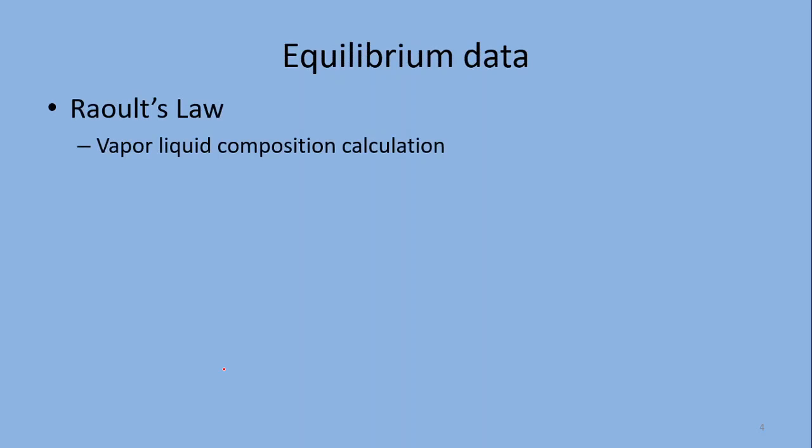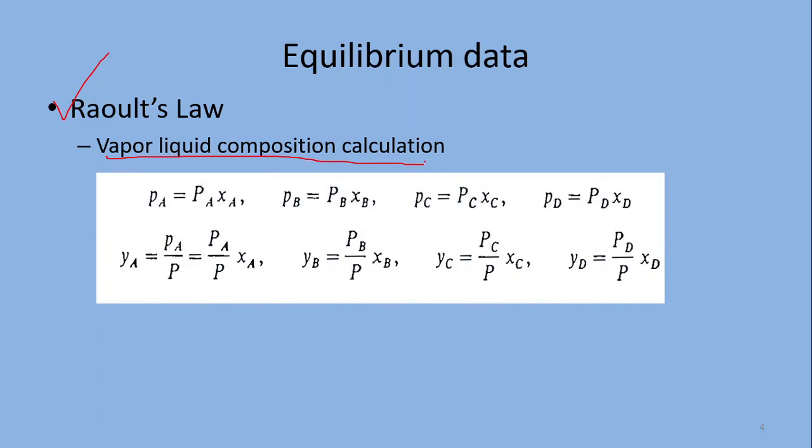So now come to the first one, that is equilibrium data. Normally for the ideal system, we always look to Raoult's law. It defines the equilibrium data. So equilibrium vapor liquid composition can be calculated with the help of Raoult's law, and we all know this equation: partial pressure of A is directly proportional to the vapor pressure of A and the composition of A. Similarly, partial pressure of B, and if there are 4 components, partial pressure of C is a multiplication of vapor pressure of C and composition, and so on.